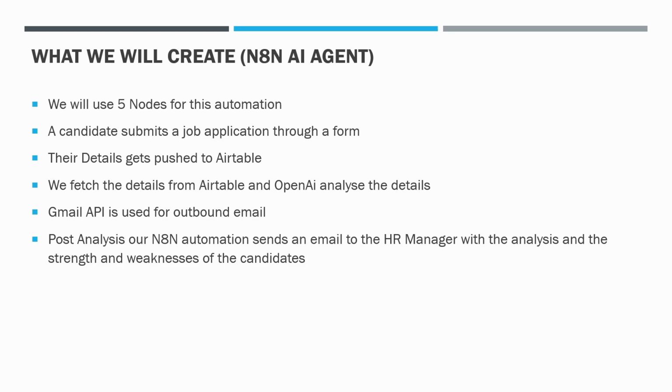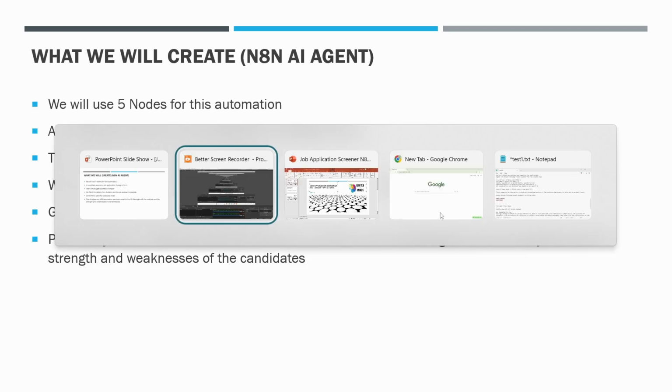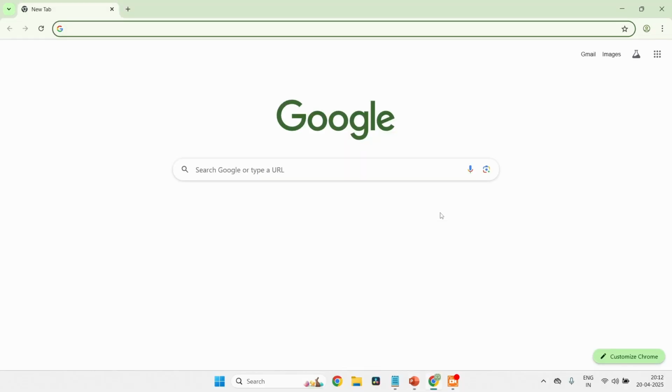Then the Gmail API is used to configure outbound email, and post analysis our n8n automation sends an email to the HR manager, or whichever email ID we define, with the analysis and the strengths and weaknesses of the candidates. So let's get started and start our work.